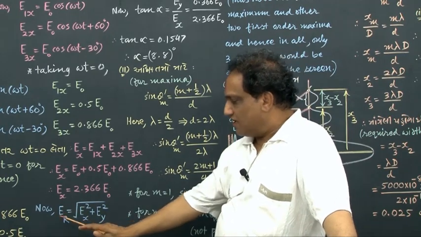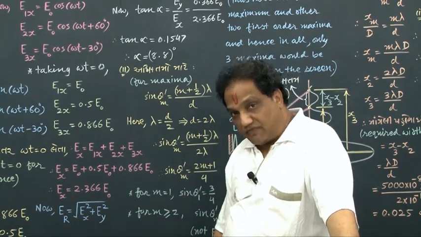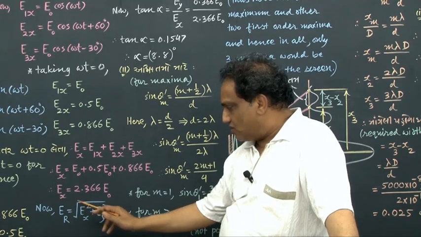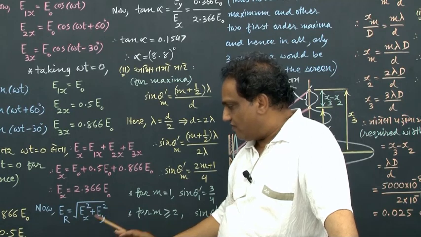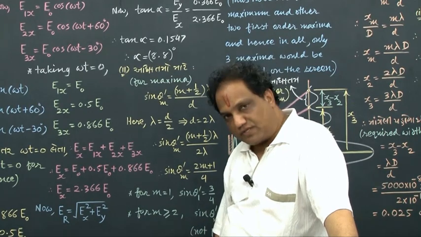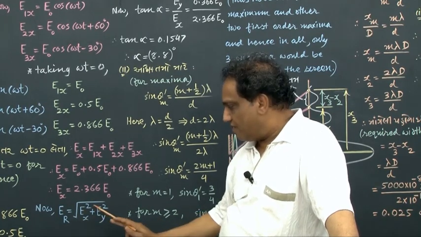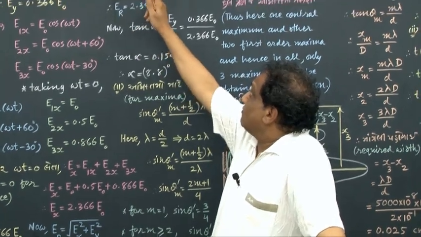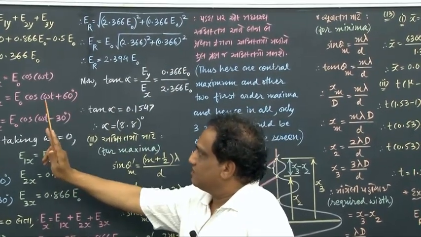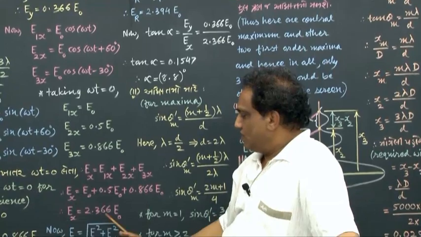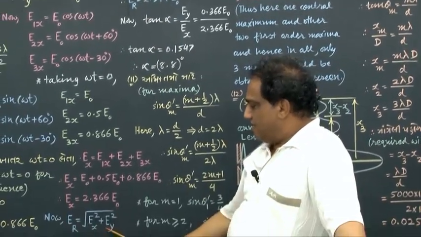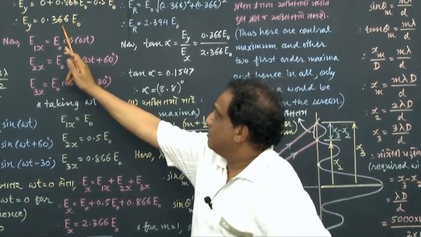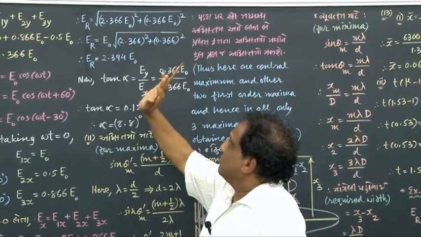Now we want magnitude of resultant light vector and that should be equal to square root of summation of squares of its mutually perpendicular components. Under root of Ex square plus Ey square, Ex is 2.366 E0, squared, then Ey is 0.366 E0, squared.